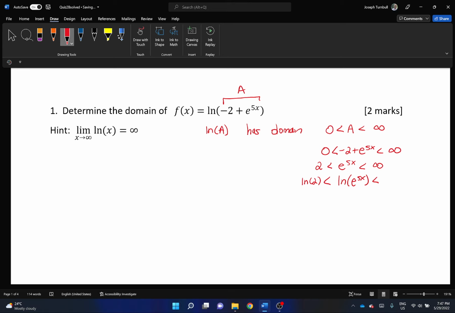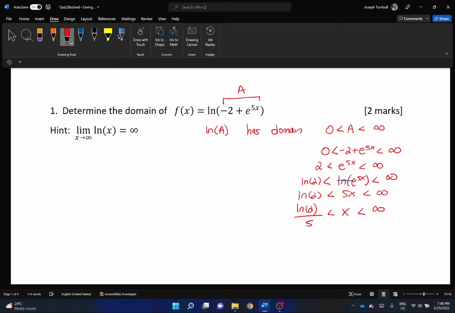Well, we can think about that in terms of limits. The hint there tells us the limit as x approaches infinity of ln of x is infinity. So we have infinity there. So ln 2 is less than 5x is less than infinity. Then we can divide all three sides by 5.